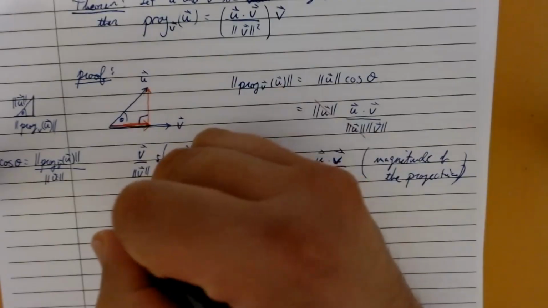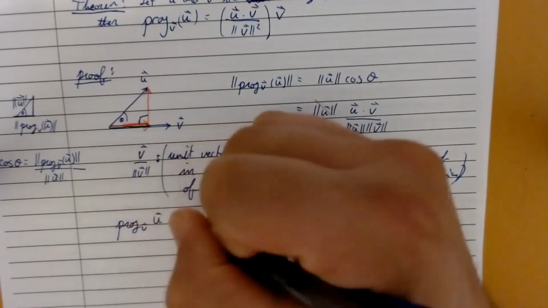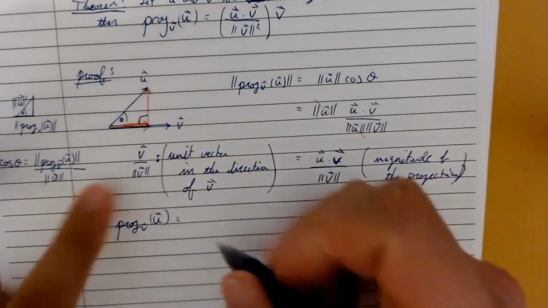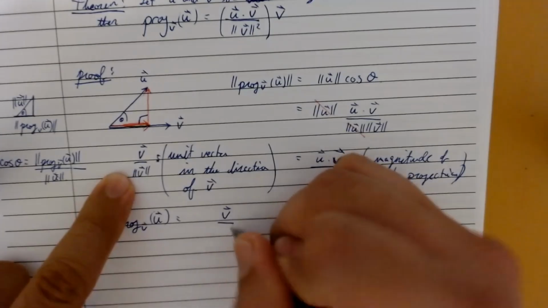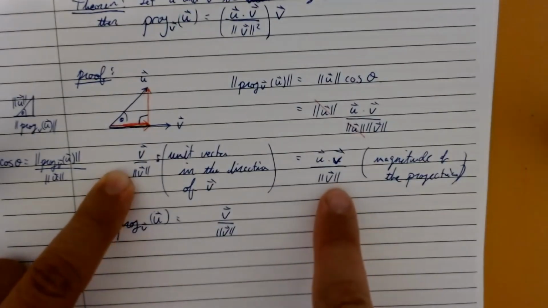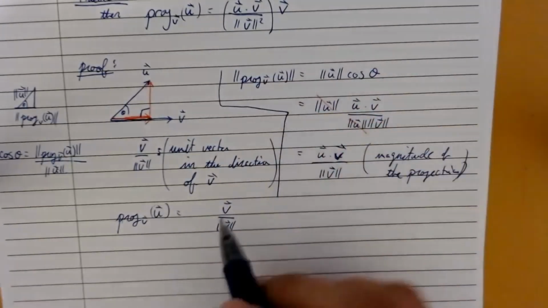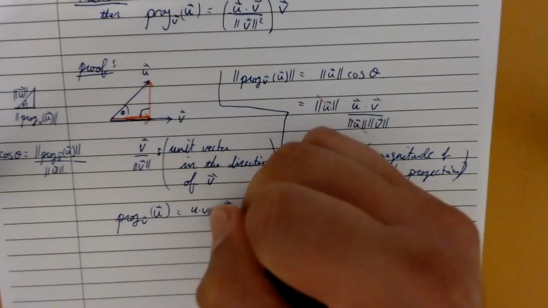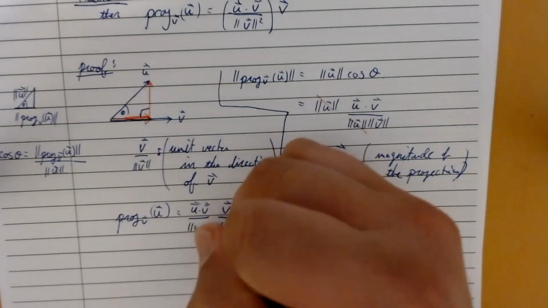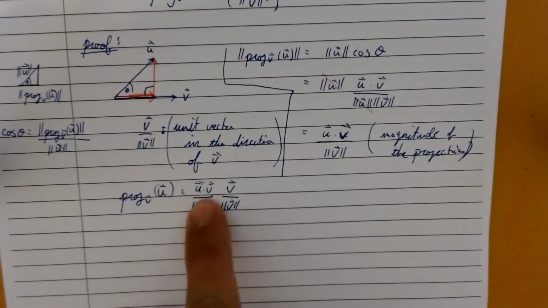So my projection of u onto v must equal this unit vector, which is in the right direction but only has magnitude 1, multiplied by u dot v over the magnitude of v. That gives me this vector with the right size.